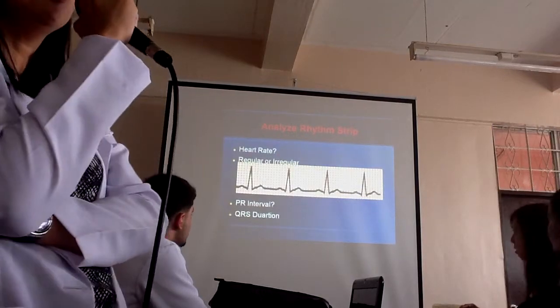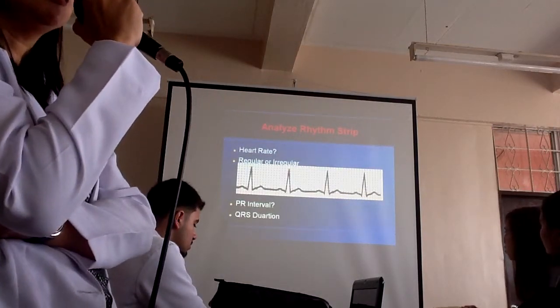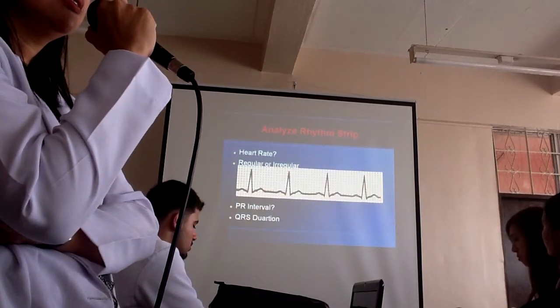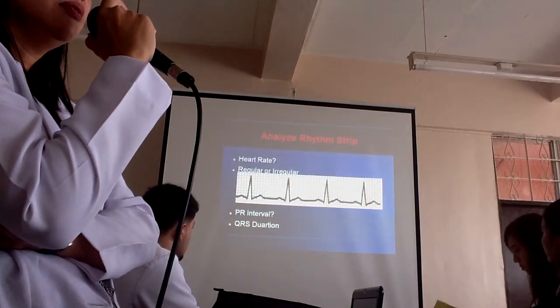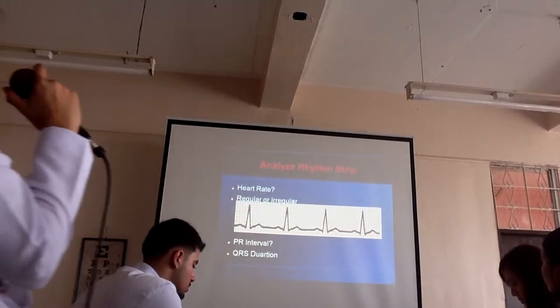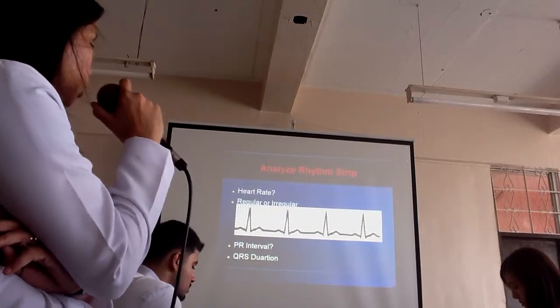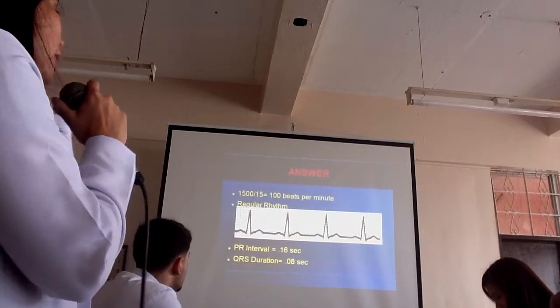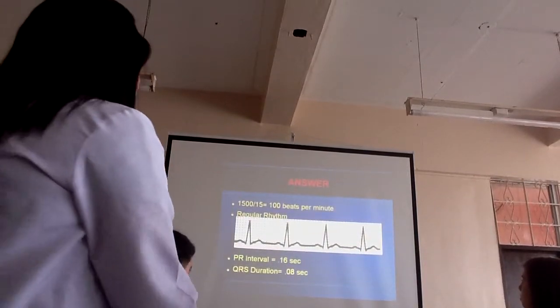What's the duration of your QRS? Mr. Ranches, QRS, ilan? 1, 2, 3, 4, 5, 6, 7, 8, 9, 10, 11, 12, 15. 12. Okay. Answer. Your heart rate is 100 beats per minute. Why?